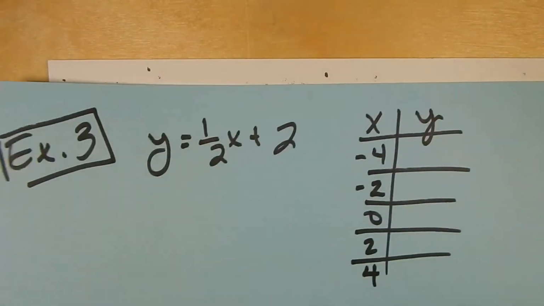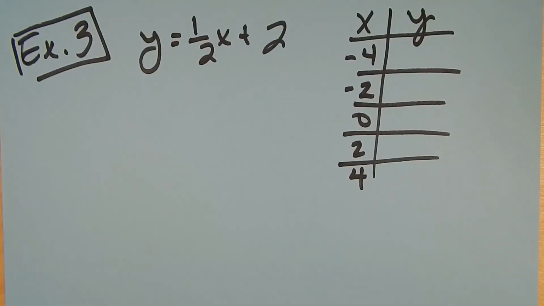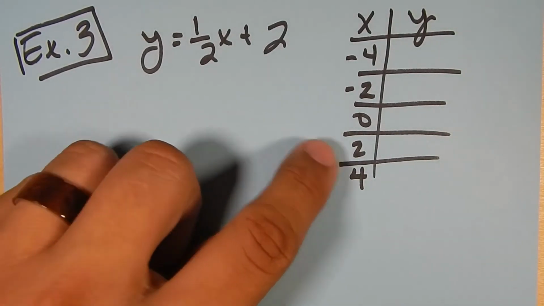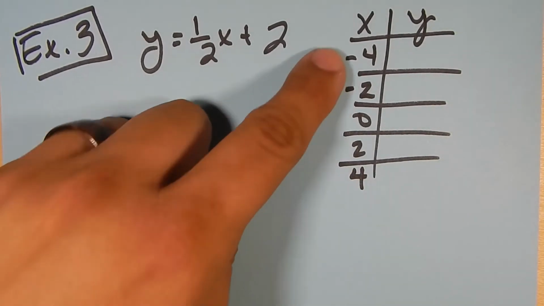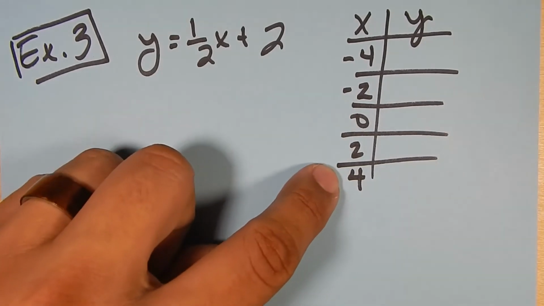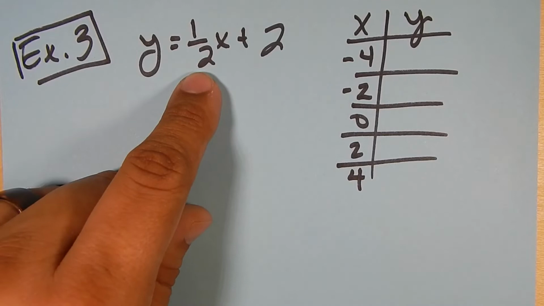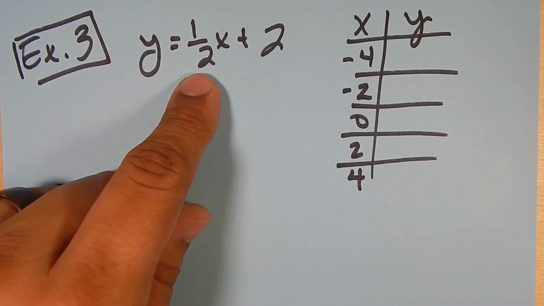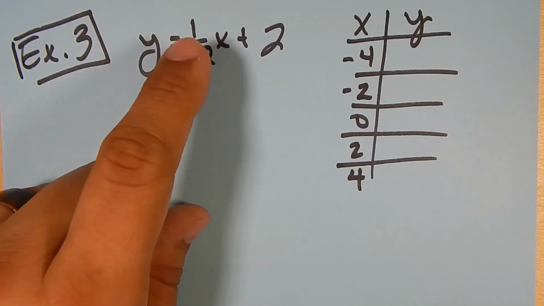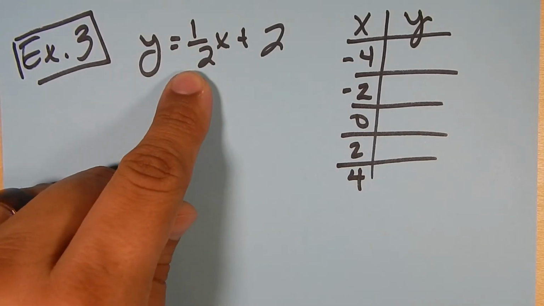Let's see here. We've got a couple more examples. So for this one, we've got 1/2 x plus 2. Now notice the points that I picked weren't -2, -1, 0, 1, 2. If you have a fraction here, it's not necessary, but it makes life simpler if you pick multiples of your denominator.